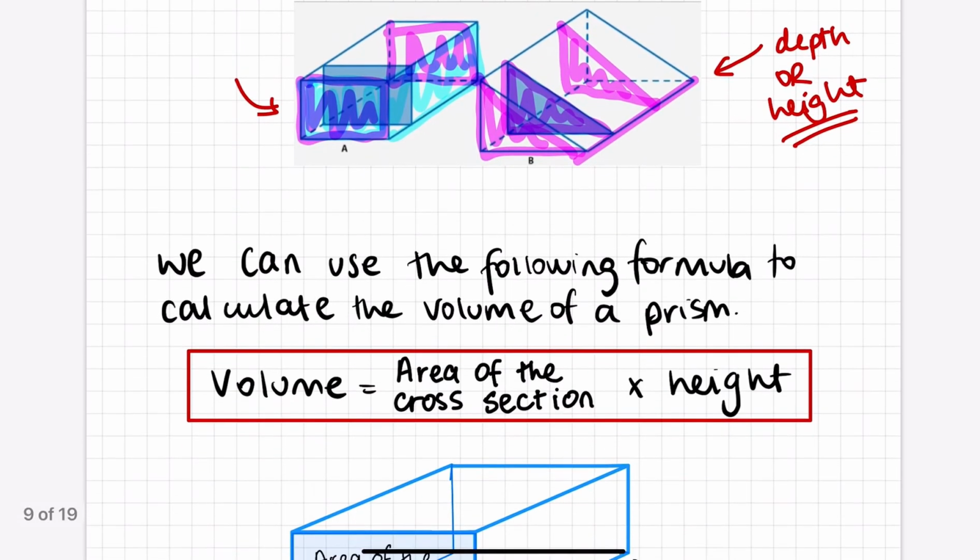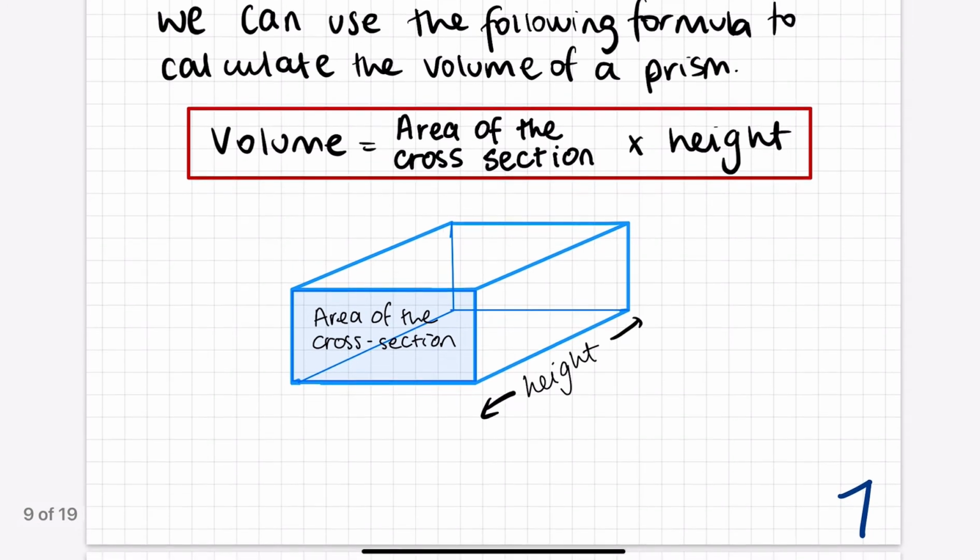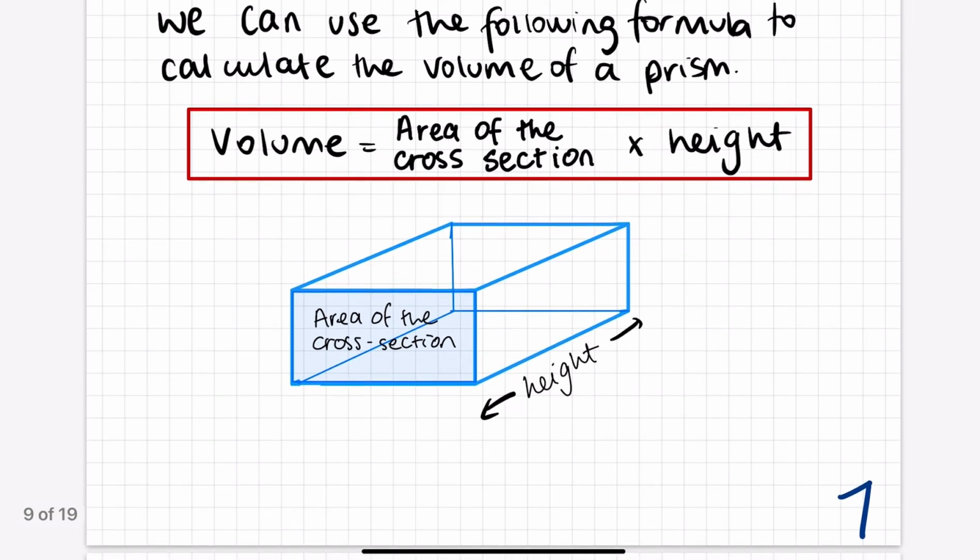Okay, so we use the following formula to calculate the volume of the prism. We use volume equals the area of the cross-section times the height. Okay, cross-section being that front face. And that will usually be measured in millimeters squared, centimeters squared, meters squared, or kilometers squared.